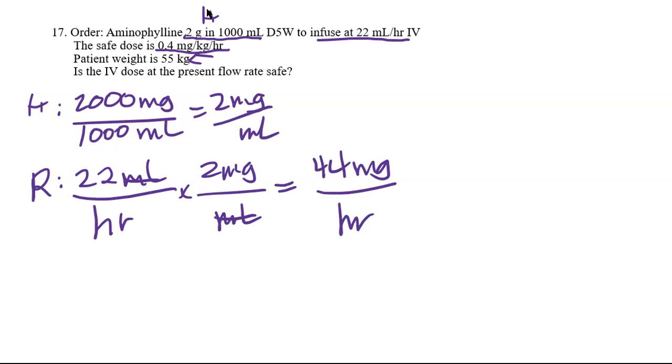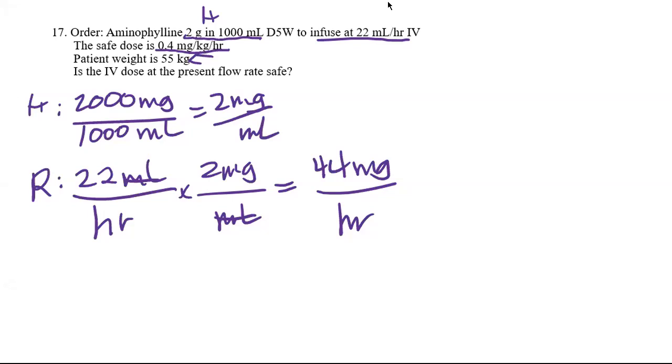So it's 44 milligrams per hour, and we say that the safe dose is 0.4 milligrams per kilogram per hour. So we take 44 and we divide it by 55. That's how much we want to know per kilogram, milligrams per kilogram. So let's look at this for a second. 0.4 milligrams. Let's see. Oh, that's the rate. Never mind. All right. So milligrams per hour.